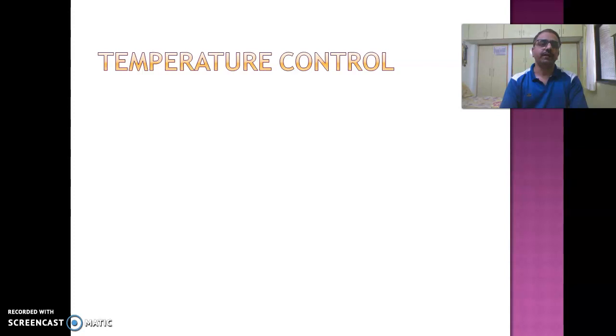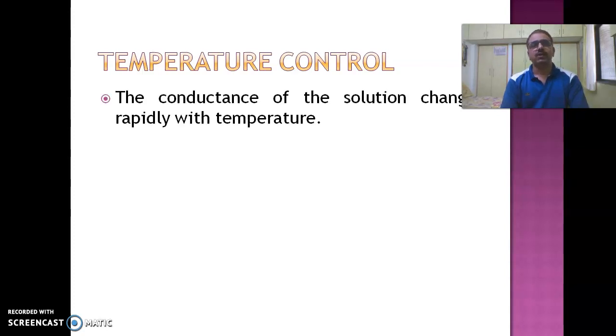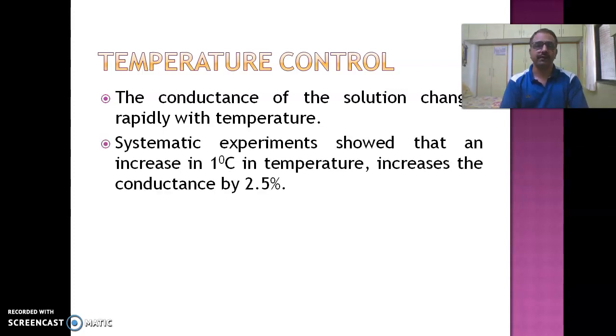Next important point is temperature control. The conductance of a solution changes rapidly with temperature, because temperature provides kinetic energy to the ions present in the electrolyte, and because of this, the conductance value may vary.